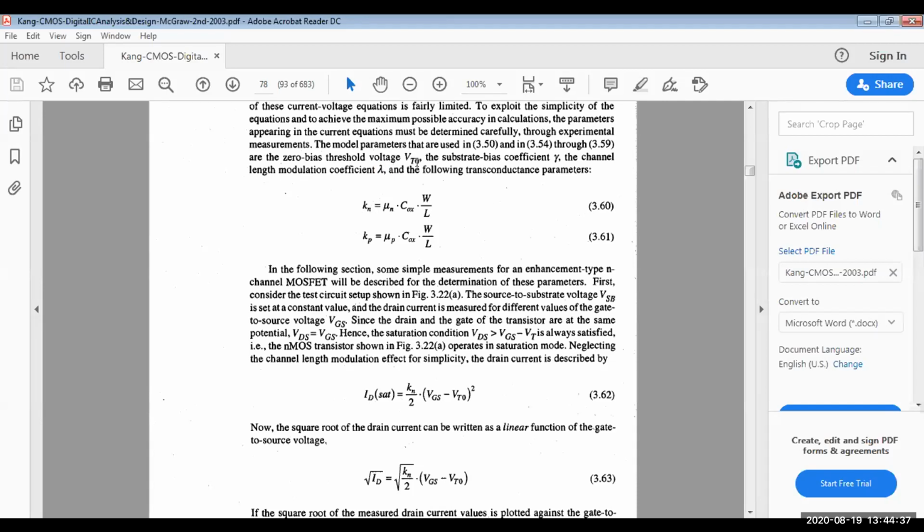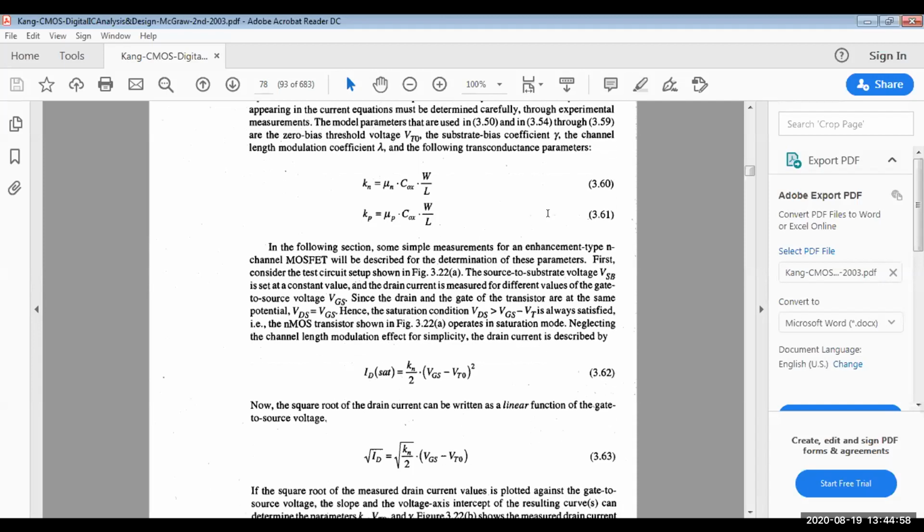As sir said about VT0, when there is no body effect, in Kang it is represented as VT0, and VT when there is body effect. And the substrate bias effect coefficient is the one we got in the equation during the body effect.